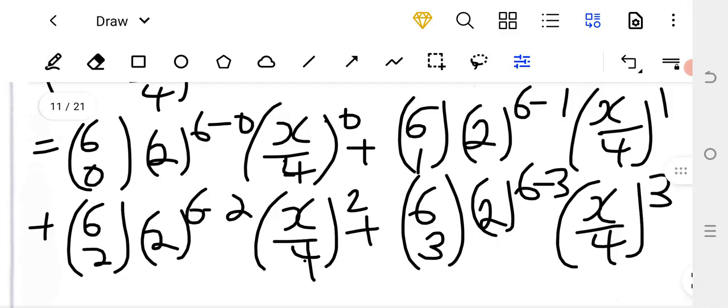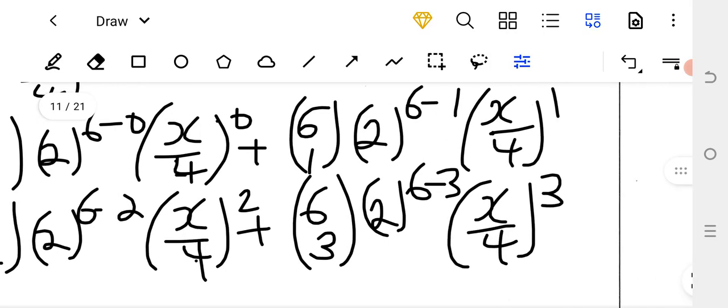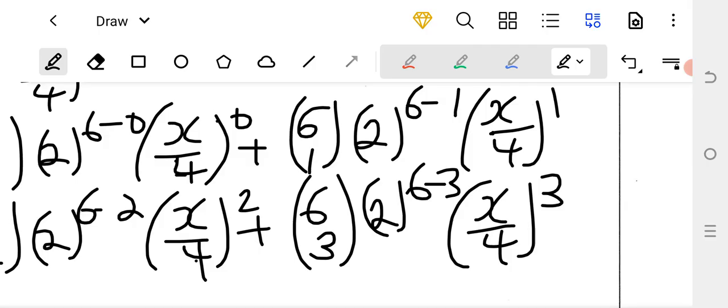And then to continue, we'll show the examiner that we know what we're doing. We'll say plus, and so on. We don't want to do the rest because we wanted to go as far as the term having x to the power 3. That's all.